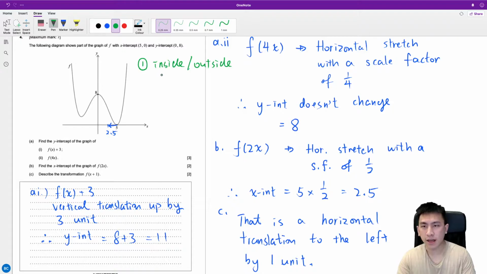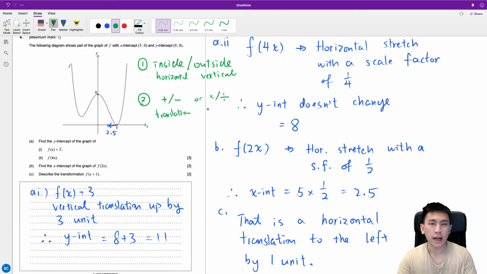And if it's inside, it's going to be a horizontal. I'll explain all of this later, but let me just write that down. That will be horizontal, and outside would be a vertical transformation. And another thing is to spot for whether it's a plus or minus, or times or divide. If it's a plus or minus, it will always be a translation, meaning it's just moving. And then times or divide, it will be a stretch.